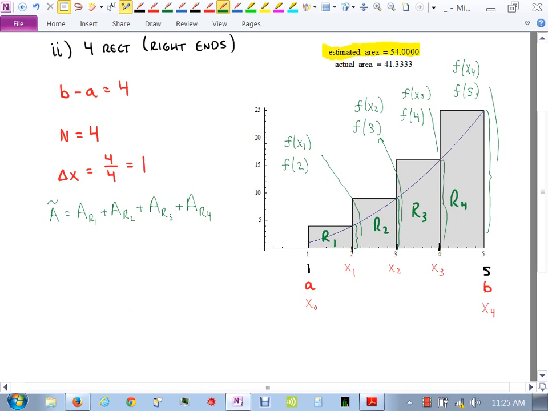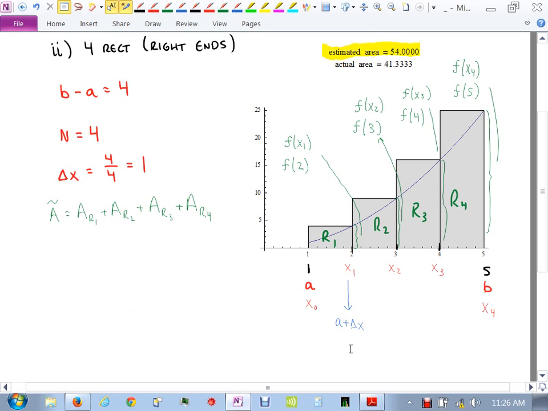Now, I want to point something out here in this problem that is going to be critical later. I want you to start seeing it now. Do you agree that x1 is actually a plus delta x?